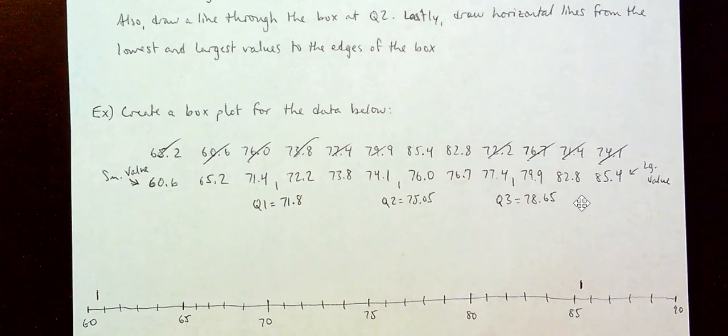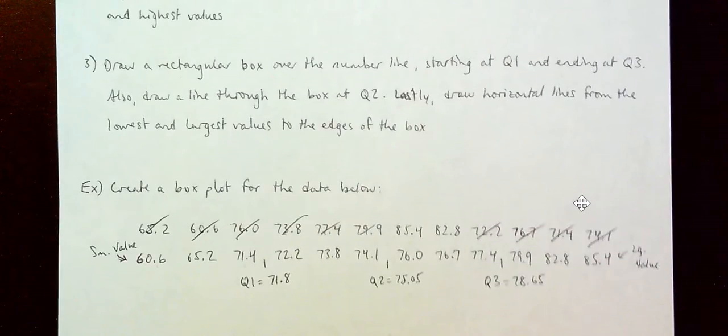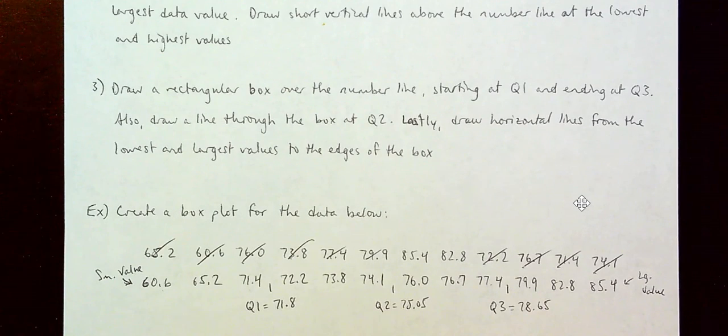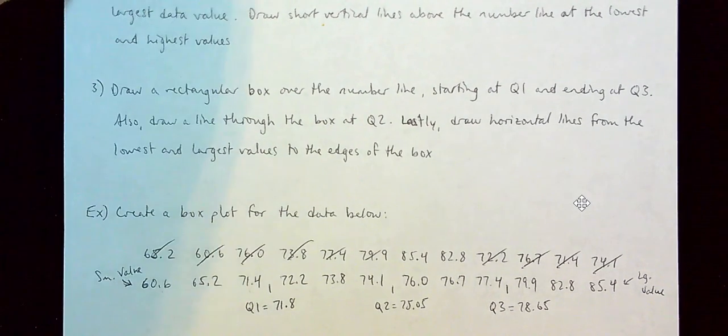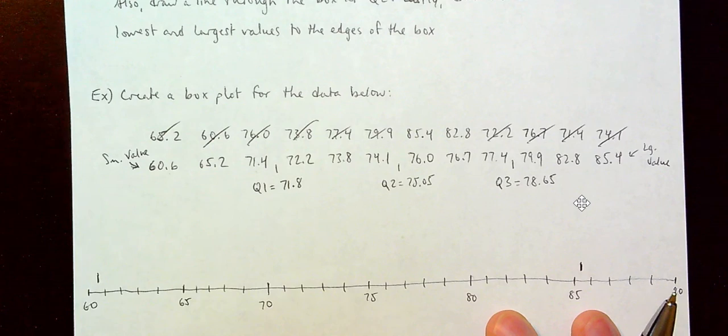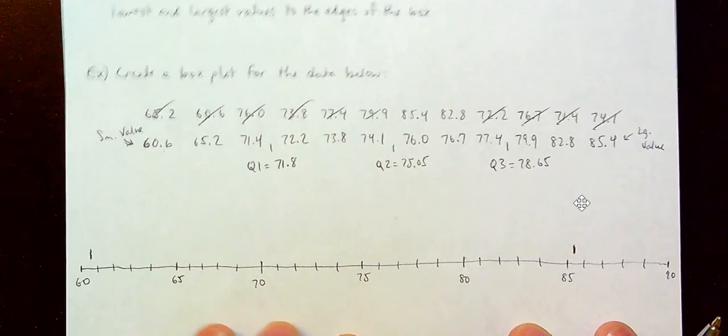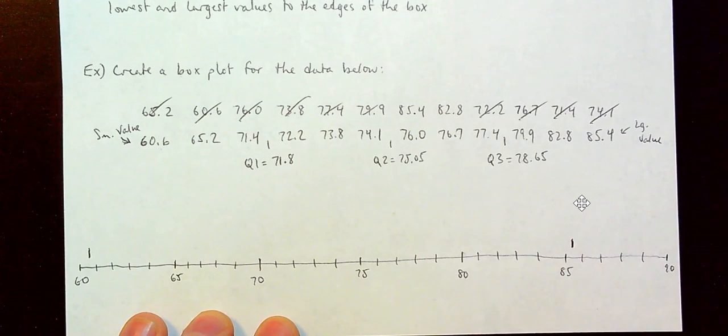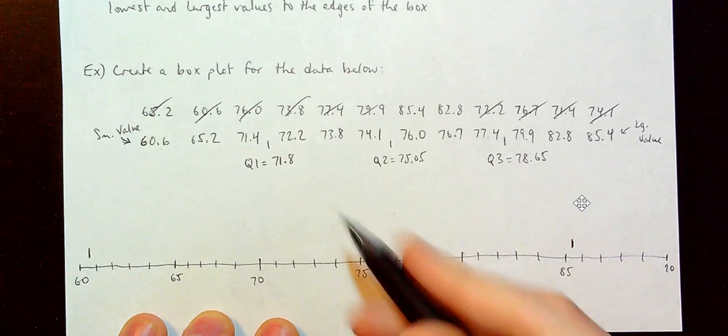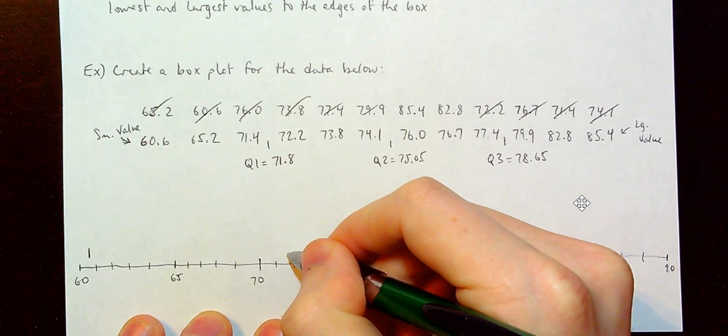Now we're going to draw our rectangular box, and we're going to plot our quartiles. Really you can start with whichever quartile you want, because they're all going to be plotted here. First quartile, 71.8.